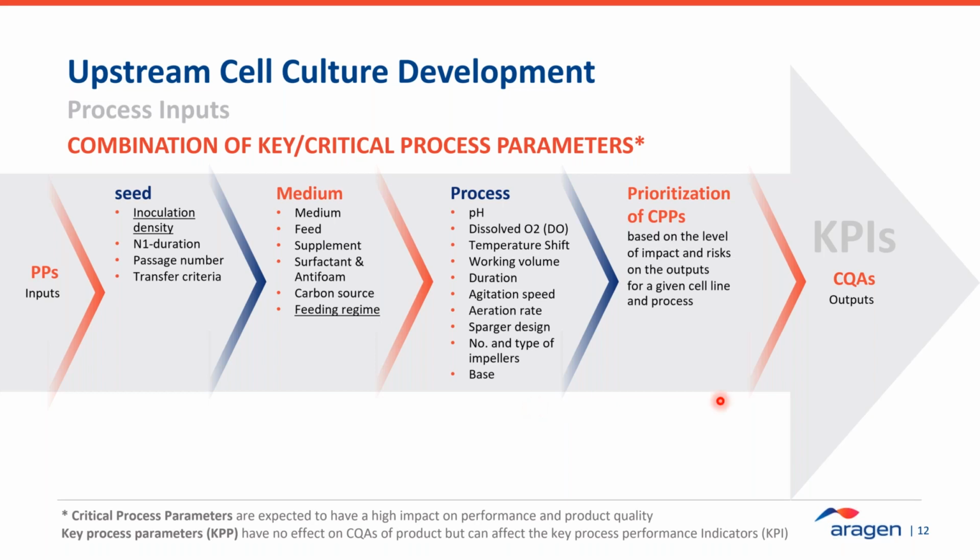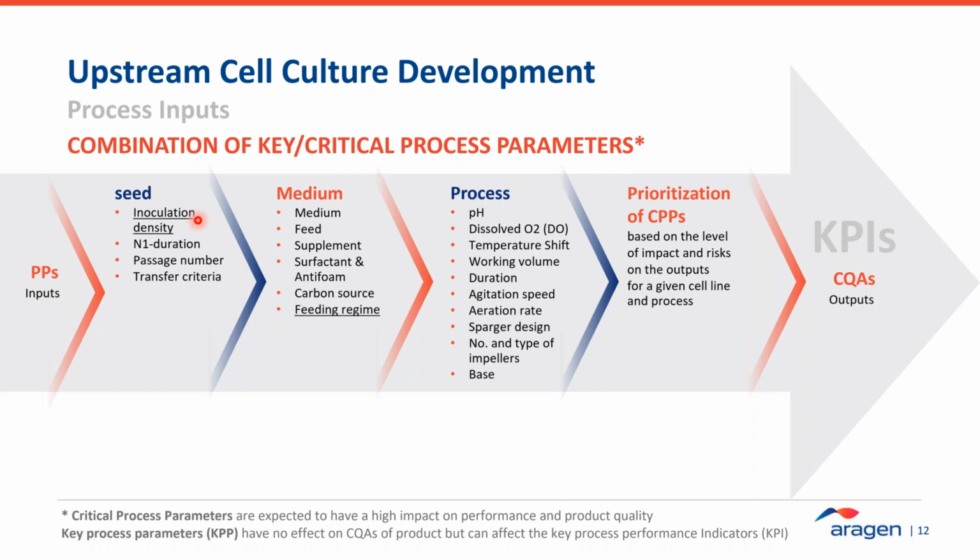KPP only affect key process indicators, or KPI. But critical process parameters affect both KPI and critical quality attributes. Let me provide you with an example. Feeding regime can be an example of CPP, whereas inoculation density can be an example of KPP.